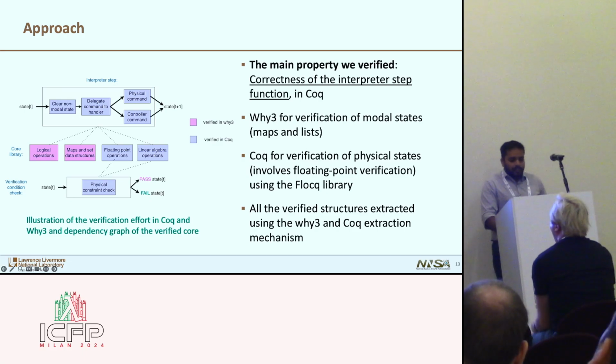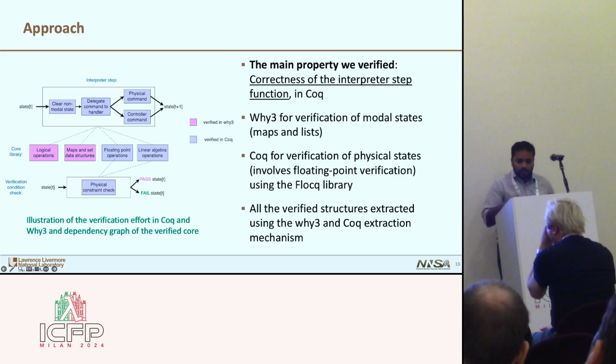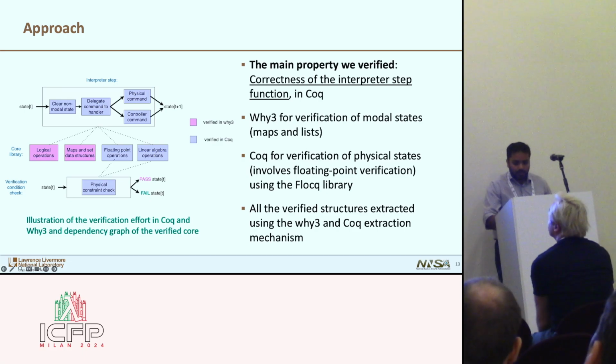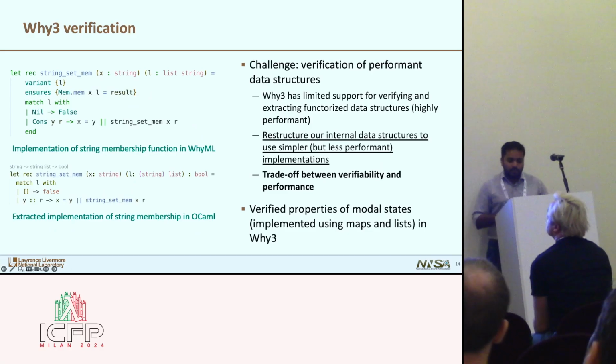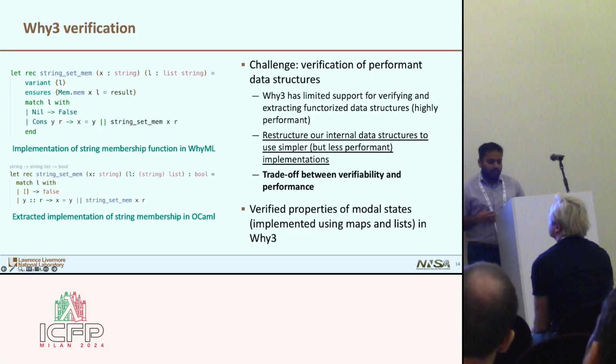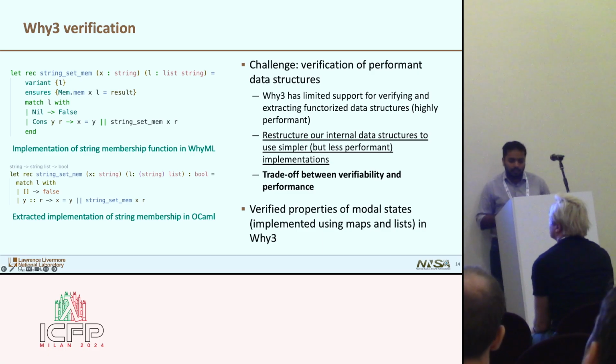Next I will dive a little bit into verification in both Why3 and Coq. I'll start with Why3. As I mentioned in the previous slide, for Why3 we have verified properties about the modal states. Here as well we had some challenges.